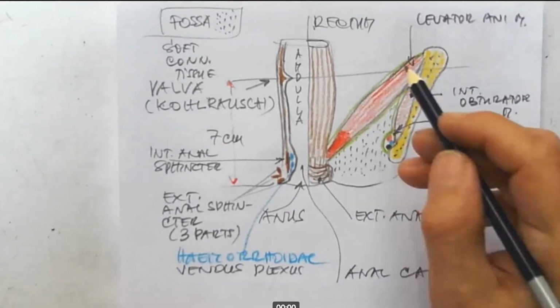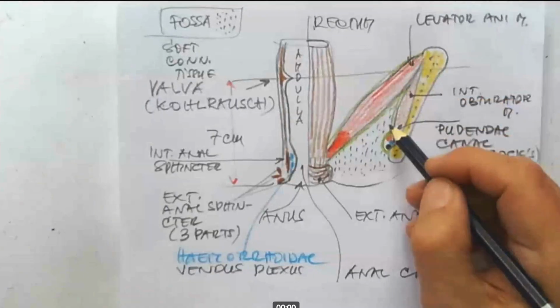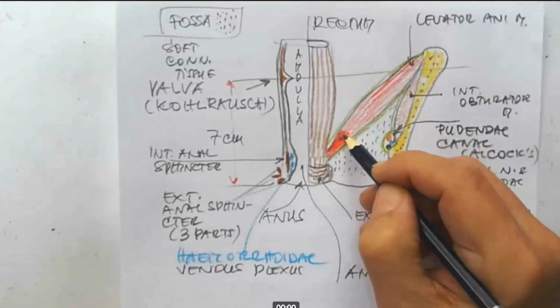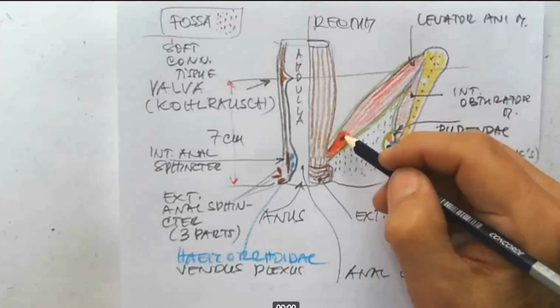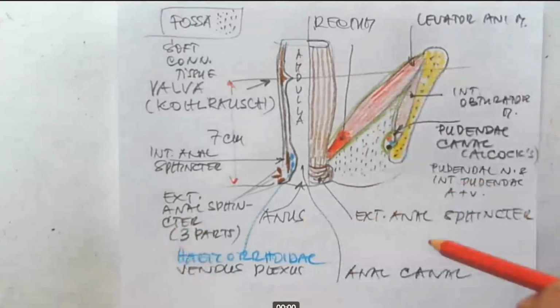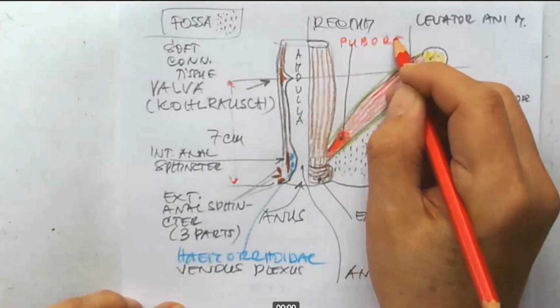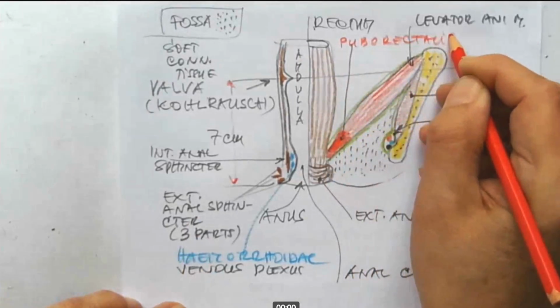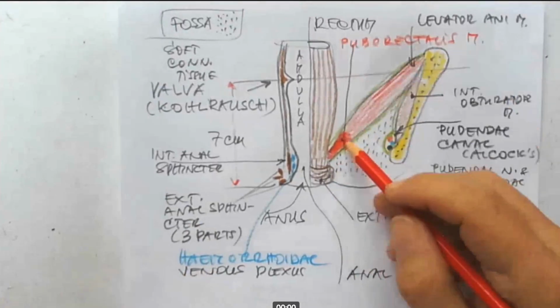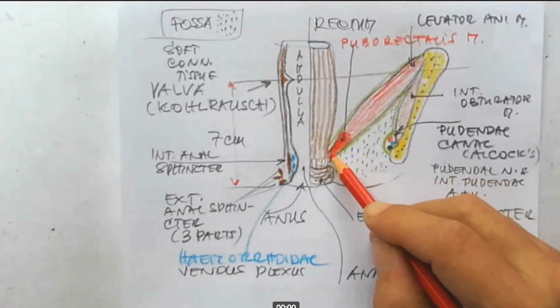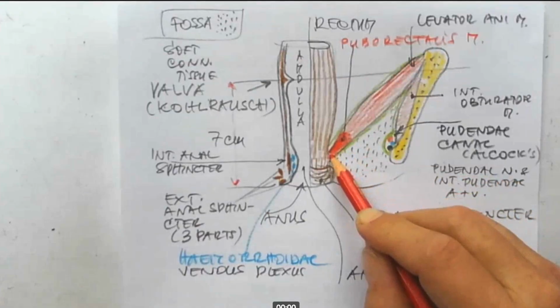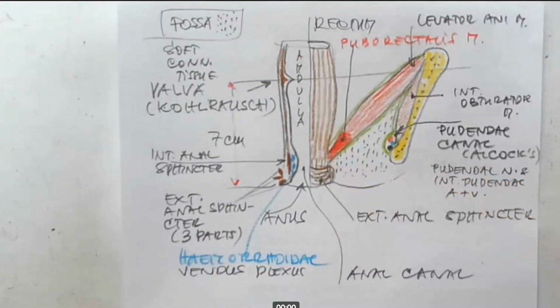But back to the muscle, that one is levator ani, and that one is the place, yes, this is the puborectalis muscle. This is that one which surrounds the rectum as a loop, acting as a tertiary sphincter.